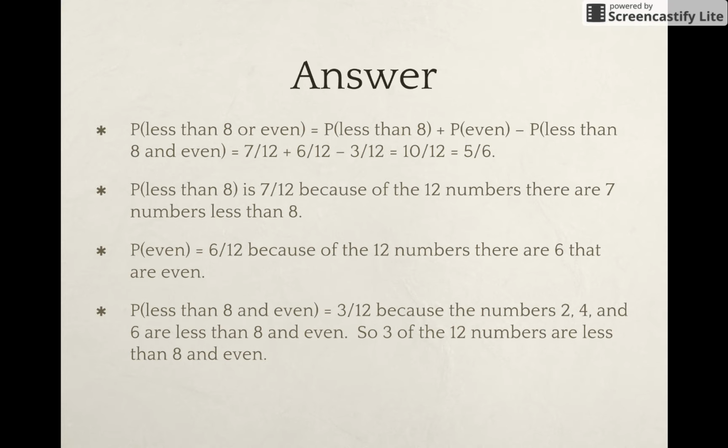If we take a look at how to calculate the probability of selecting a number less than 8, we'd find that that is 7 out of 12, because of the 12 numbers, there are 7 numbers less than 8. To calculate the probability of selecting an even number, we can count the number of even numbers, and we find that there are 6 even numbers out of the 12 numbers. So the probability of selecting an even is 6 out of 12.